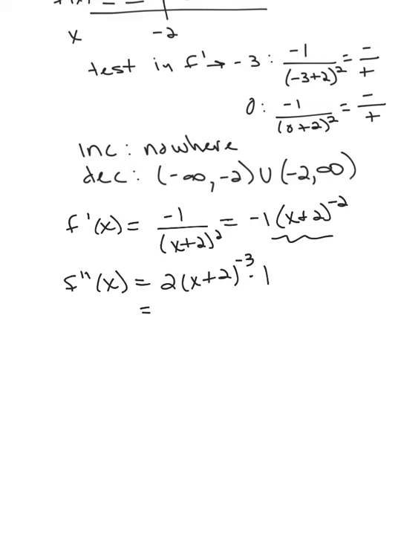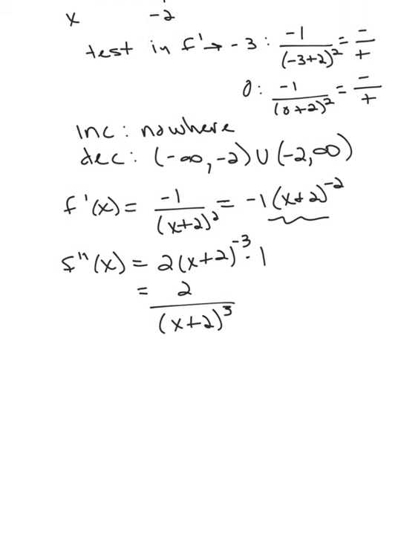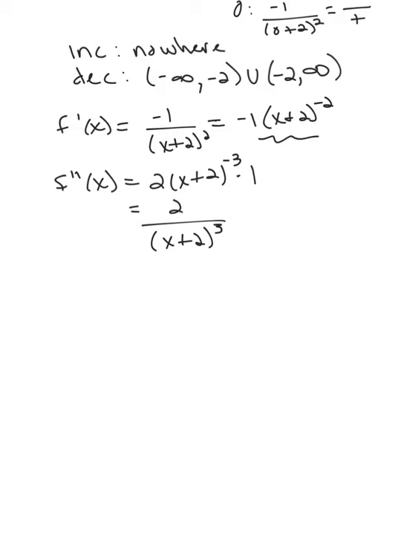So that becomes 2 over (x plus 2) to the positive 3. Just like on the first derivative, your possible inflection points are where the numerator equals 0 or denominator equals 0.